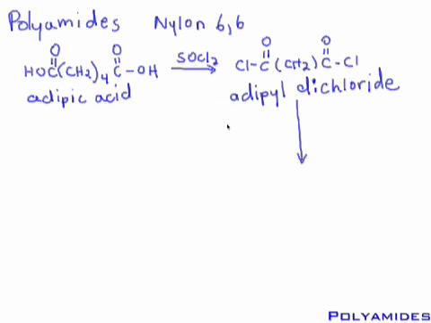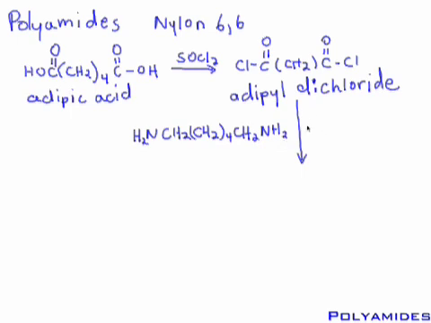Well, we're going to react it with hexane diamine, 1,6-hexane diamine. So we have NH2. We have 6 carbons. Hexamethylene diamine is the common name.